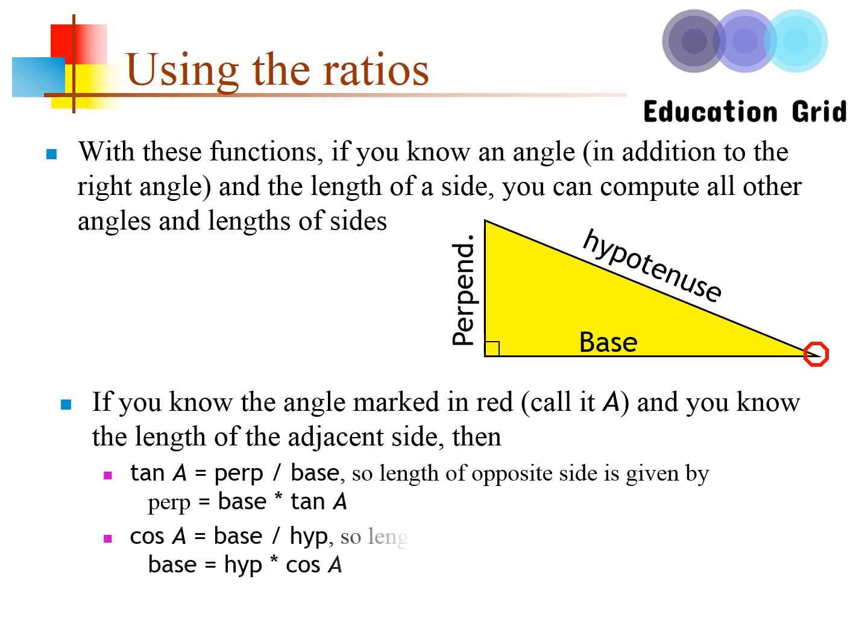So you can find the length of the perpendicular. Similarly, by using the formula of cos A, which is base upon hypotenuse, you can find base is equal to hypotenuse into cos A. So what we are trying to say here is that knowing any one side and one angle can help you find all the sides and all the angles of a right angled triangle.